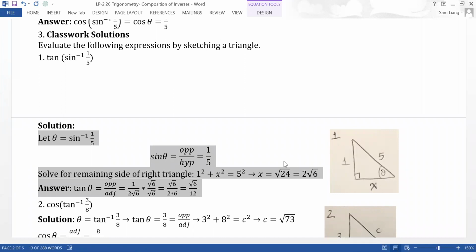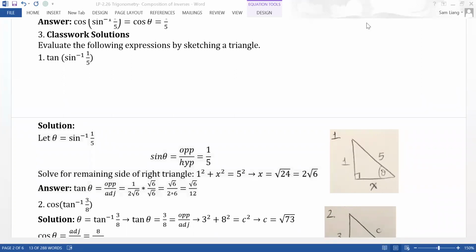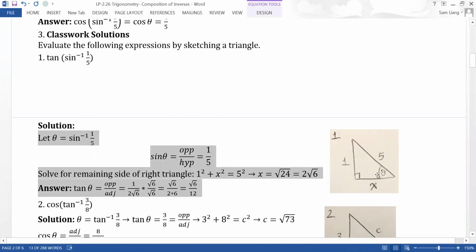I can go. So basically, you know that sine of theta equals opposite over hypotenuse. So you choose an angle in your triangle to be theta. In this case, we chose the bottom right angle. So we know that the side opposite is 1 and the hypotenuse is 5. Then we plug that into the Pythagorean theorem, which is a squared plus b squared equals c squared. We have 1 squared plus b squared equals 5 squared.